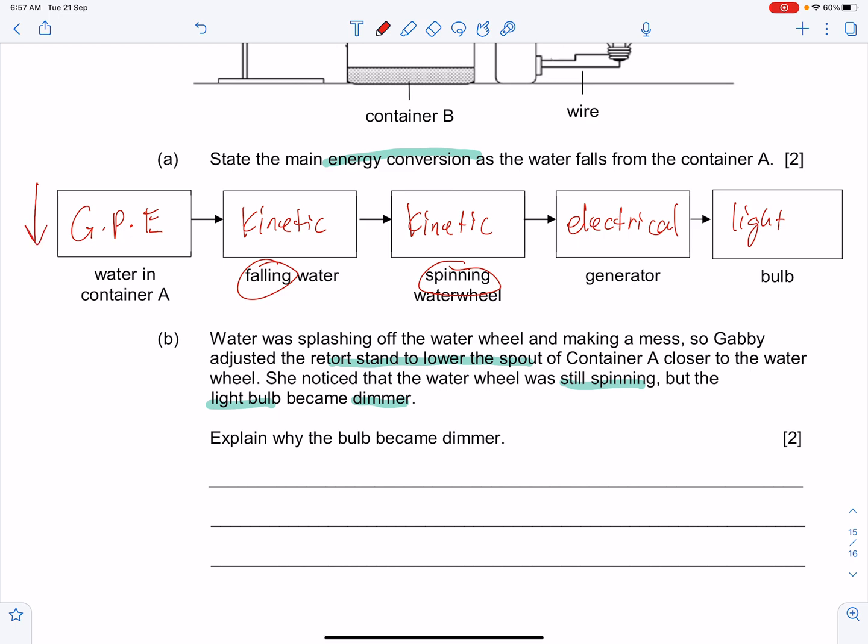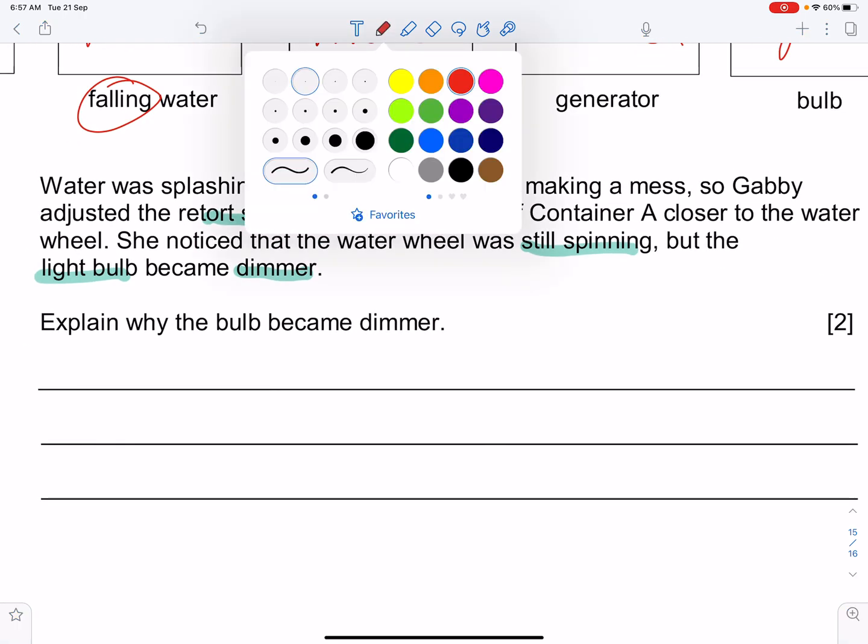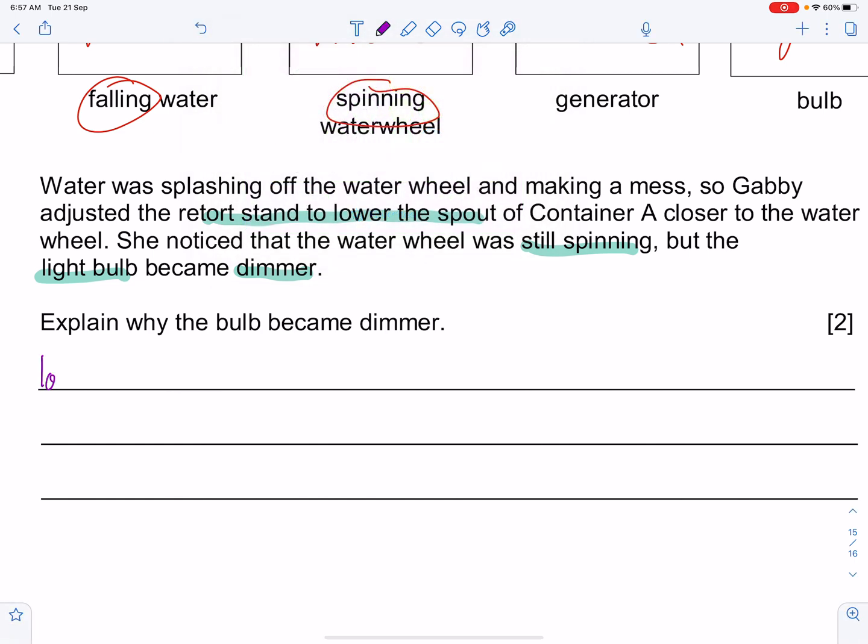So you need to explain how lowering affects your GPE. You say: lowering container A, there would be less GPE, gravitational potential energy.